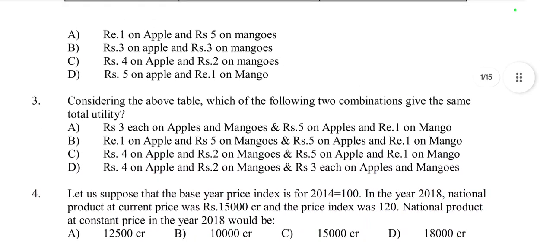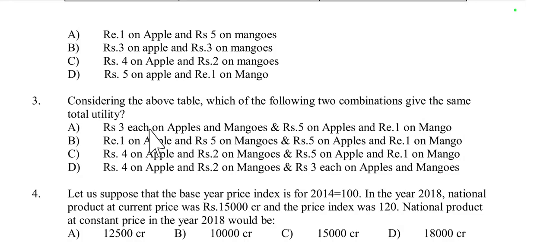Then question number 3, considering the above table, which of the following two combinations give the same total utility? Just like the previous question, we have to calculate the utility of each combination, then see which combinations give the same utility. We have to check one by one. First one is 3 on apples and 3 on mangoes, and the other is 5 on apples and 1 on mangoes.